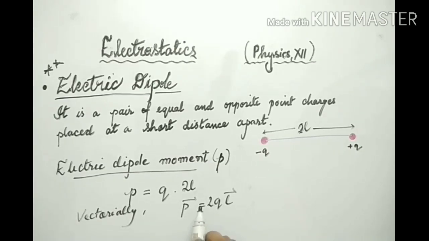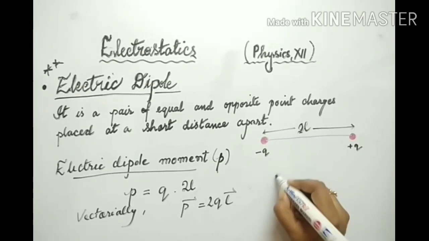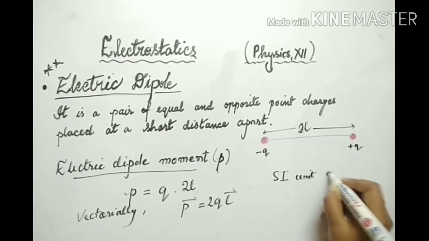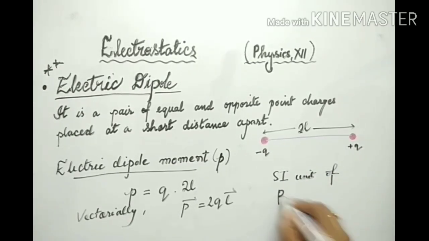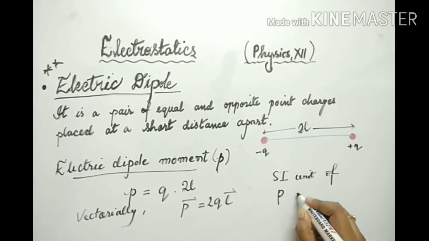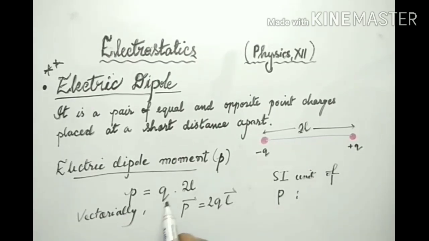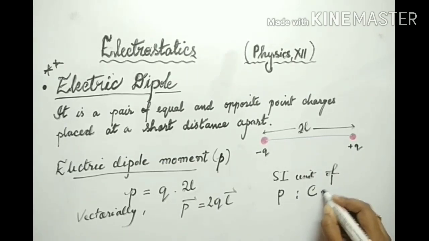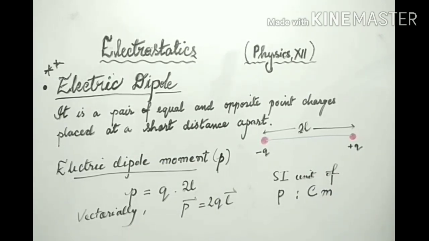Now what is the SI unit of p? You can easily understand, it is the product of charge into distance. The SI unit of charge is coulomb and of distance is meter. So coulomb meter is the SI unit of electric dipole moment.